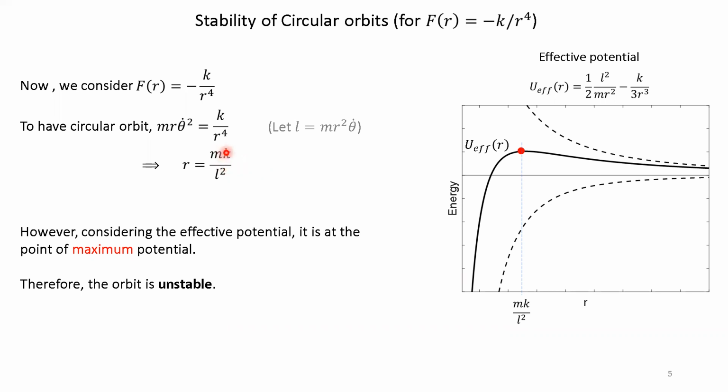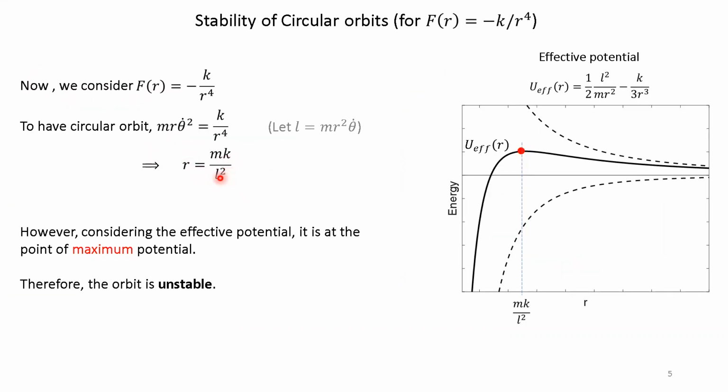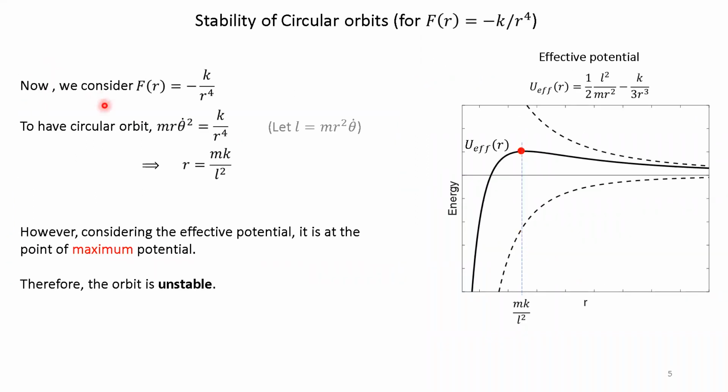So you might wonder, what about the unit? Are the units not consistent? They should be, because L squared divided by mk must have the unit of length, and here mk divided by L squared also must have the unit of length. But it's exactly inverse, so how is that possible?